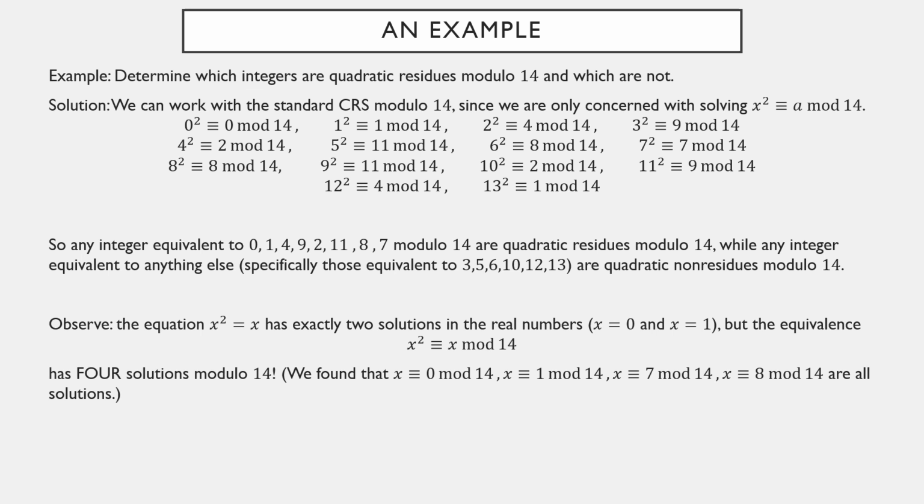So there were 4 different residue classes that solve x squared equivalent to x mod 14, even though in the real numbers, x squared equals x would boil down to finding roots of a degree 2 polynomial, and there can be only 2. So modular arithmetic will work fundamentally different than real or complex valued arithmetic when we are working with polynomials.